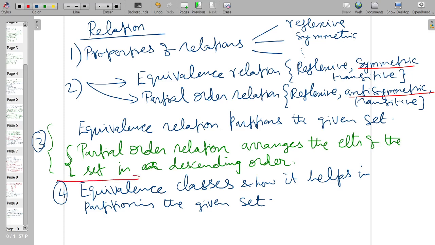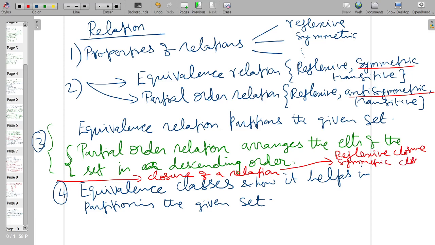We had defined what is meant by a closure of a relation, and in that we discussed the reflexive closure, symmetric closure, and the last one, transitive closure.